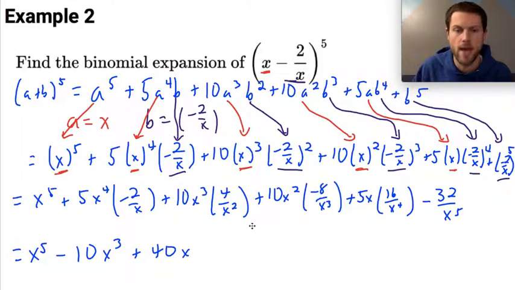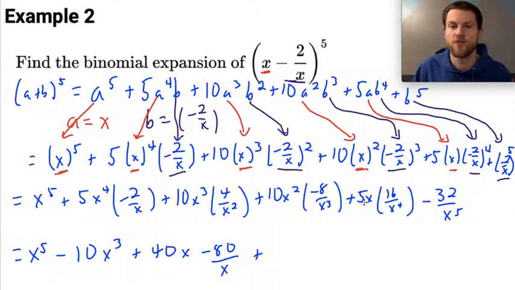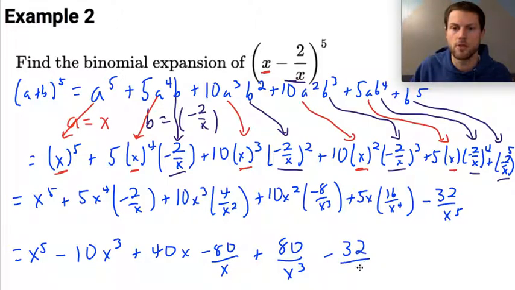Next I'll have minus 80 x squared over x cubed, so that becomes over x. And then I'll have plus 5 times 16, which is 80. And then I have x to the first over x to the fourth, so that's over x cubed. And then finally, minus 32 over x to the fifth.